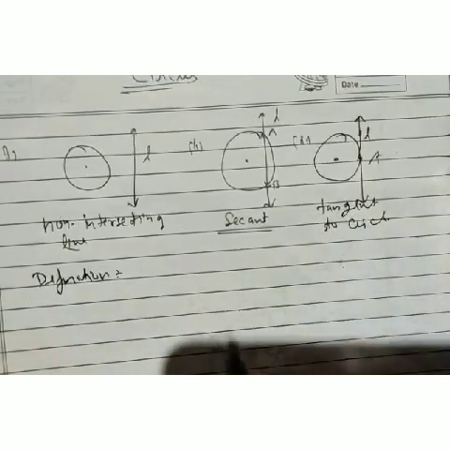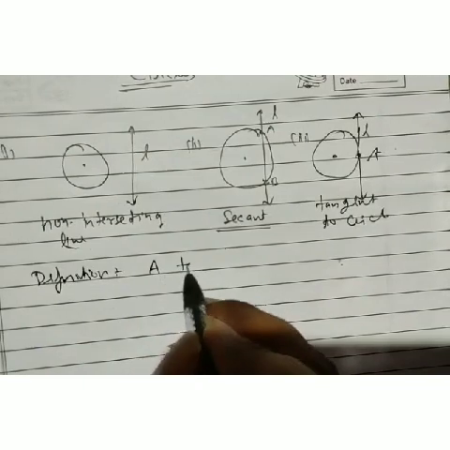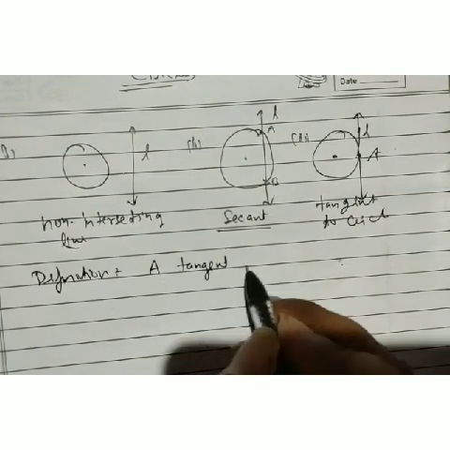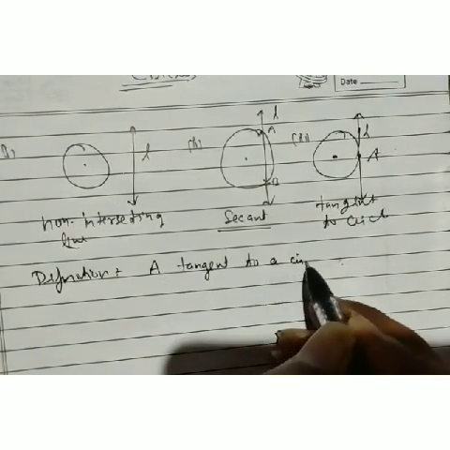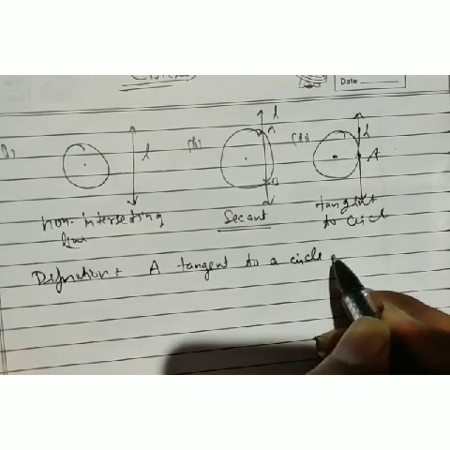Now we are able to define tangent. A tangent to a circle. What is a tangent to a circle?